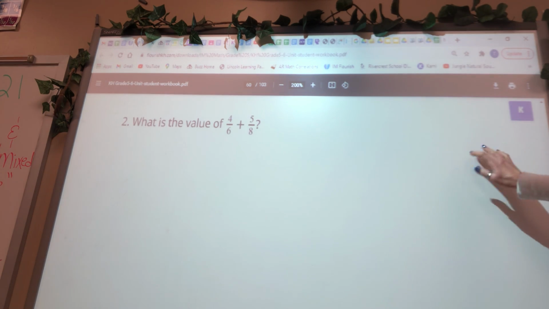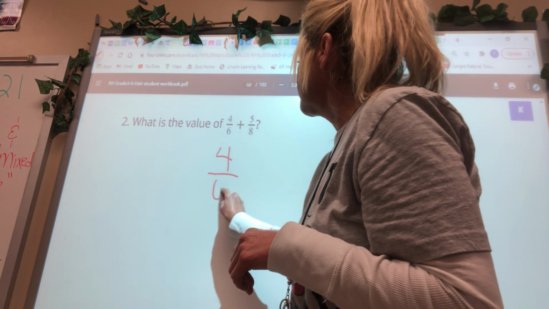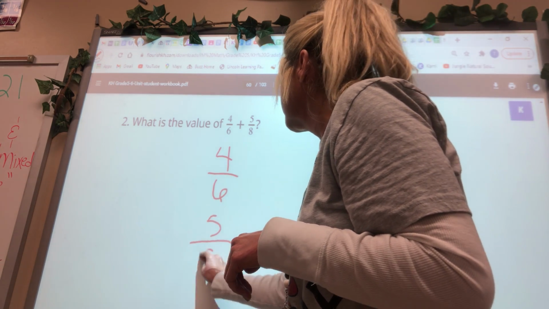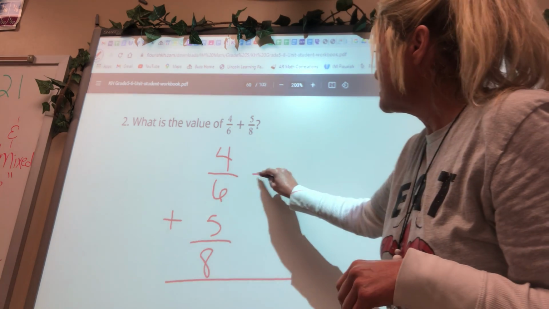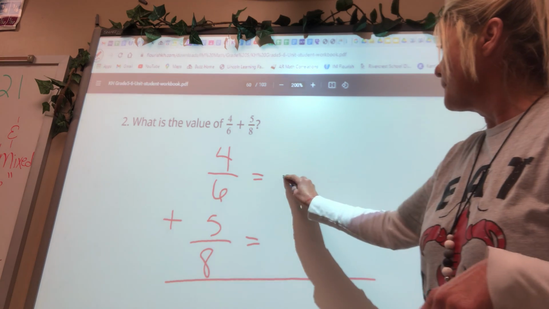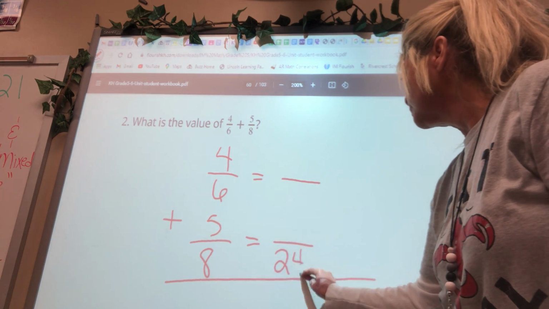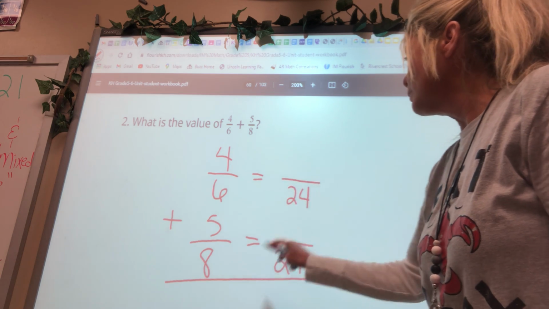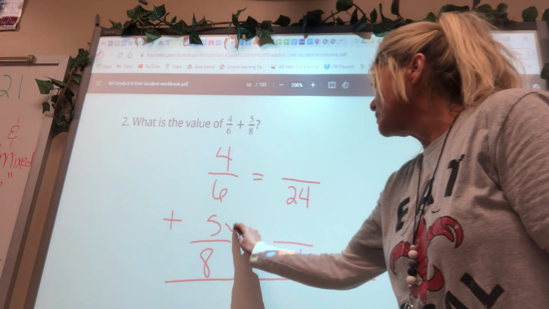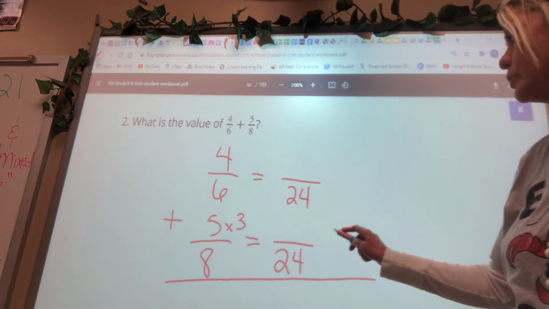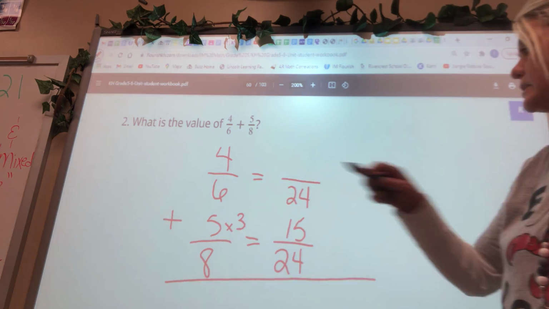So now it says, what is the value? So if we use what Han said, what? 24. Okay, what would I have to do to 8 to get 24? Times 3. Okay, so I have to do that here in my new numerator. 15. What would I have to do to 6 to get 24?